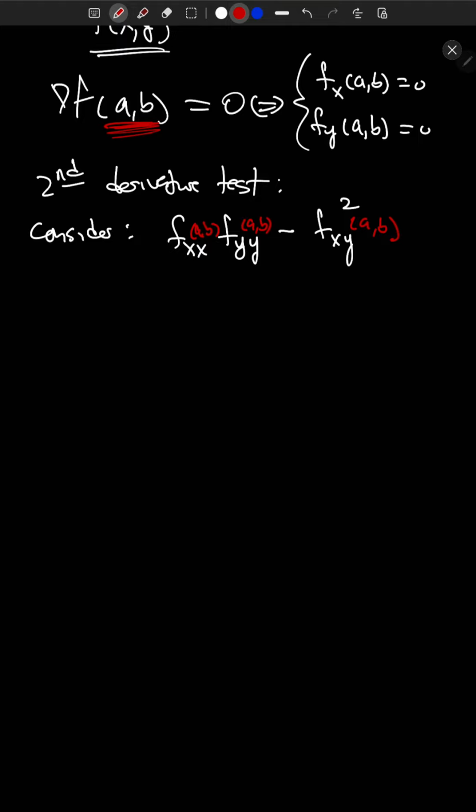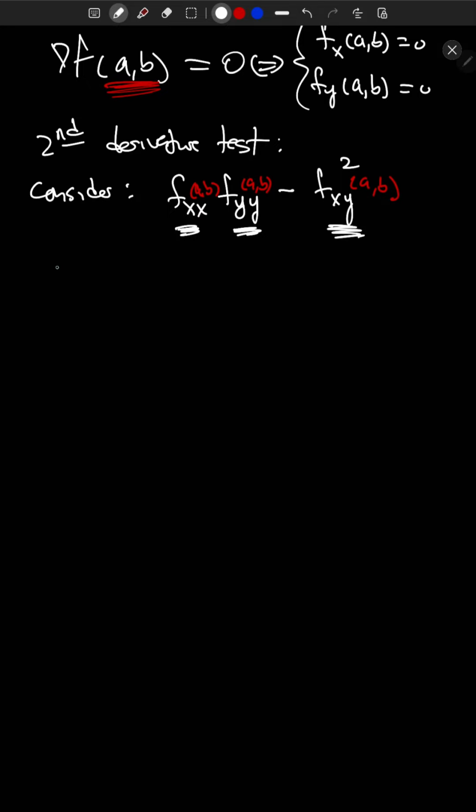But I think if I just stick in all these (a, b)s, things will look really messy. So essentially, f_xx f_yy minus f_xy squared. Okay. So you consider this quantity. We're going to have three situations: bigger than 0, less than 0, and equal to 0.